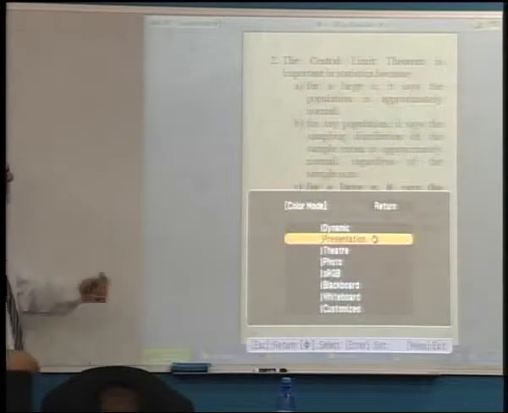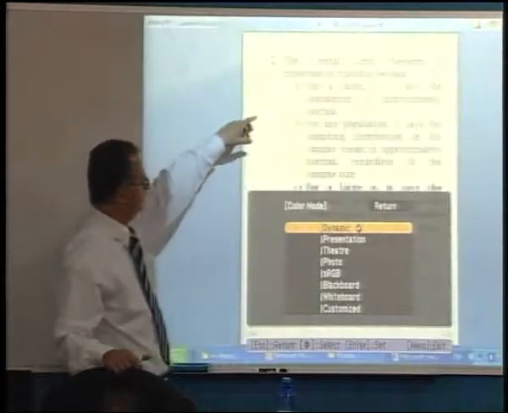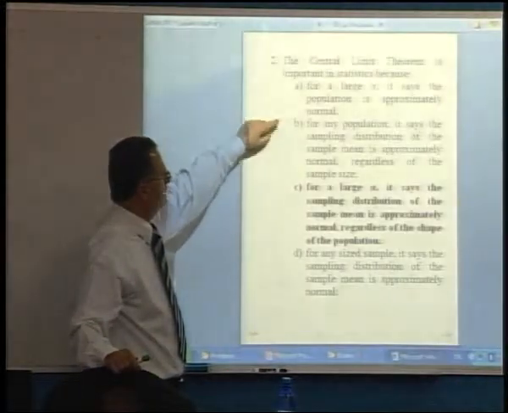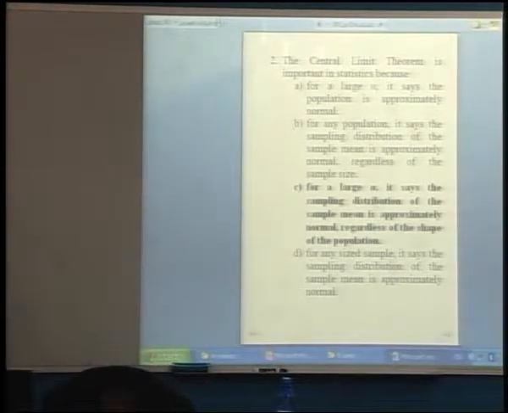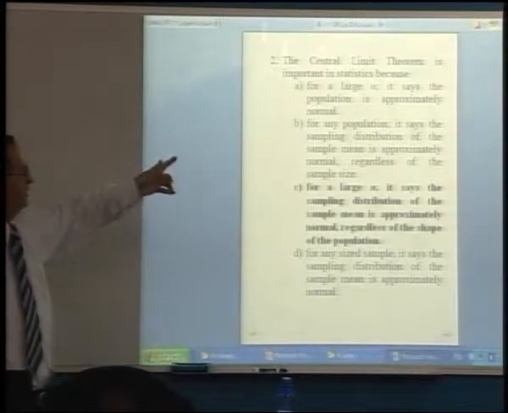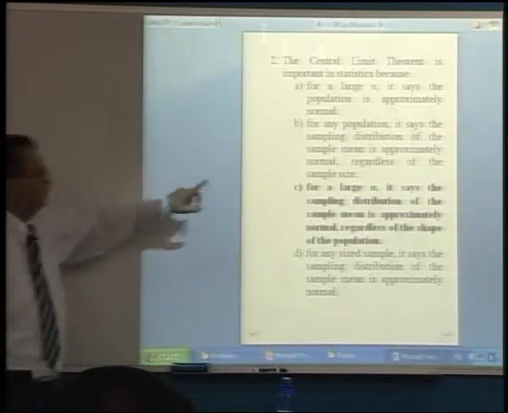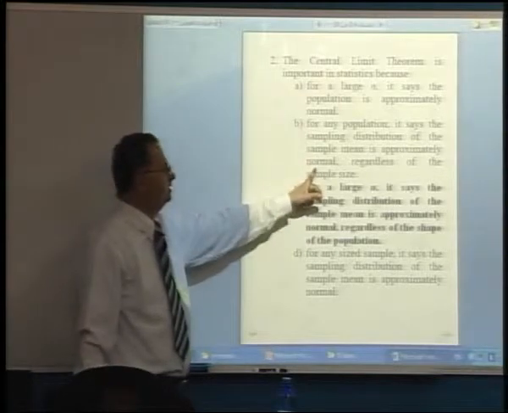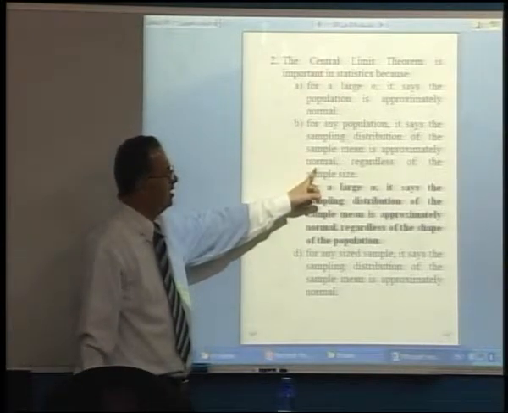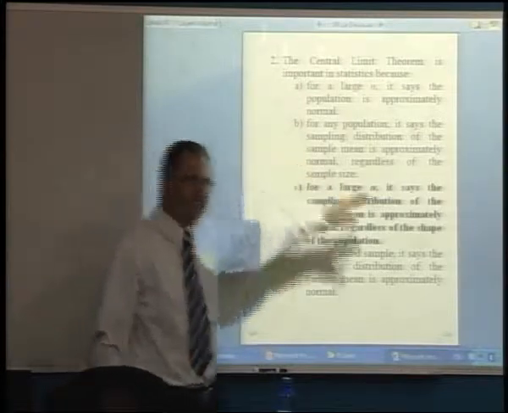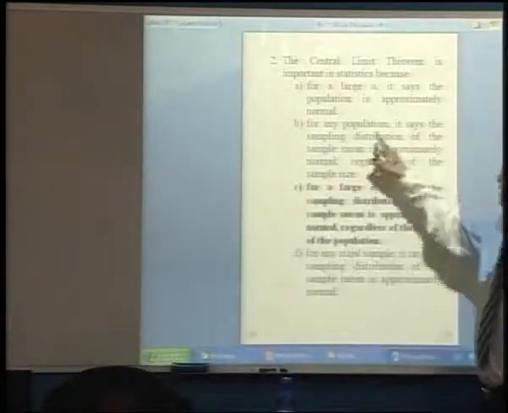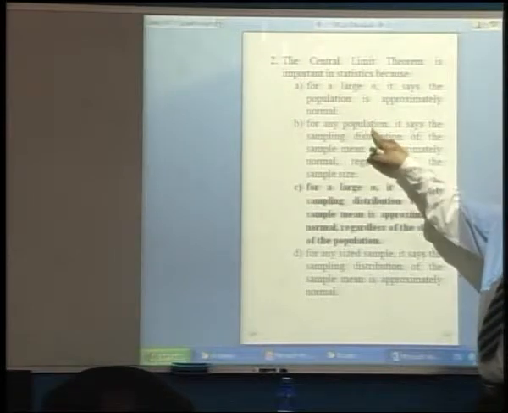So for this reason, part A is incorrect. For the other one, for any population, so regardless of the population, it says the sampling distribution of the sample mean is approximately normal regardless of the sample size. This is incorrect because it says for any population. So B is incorrect.